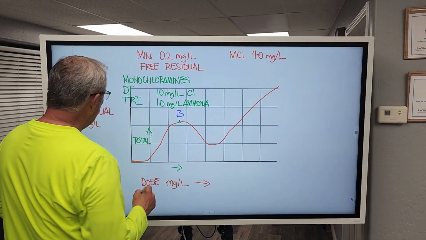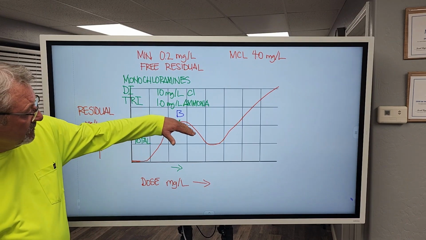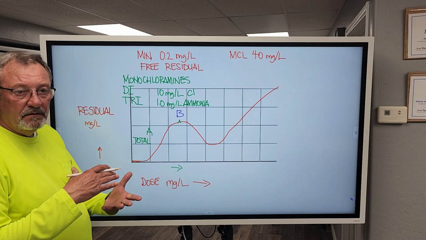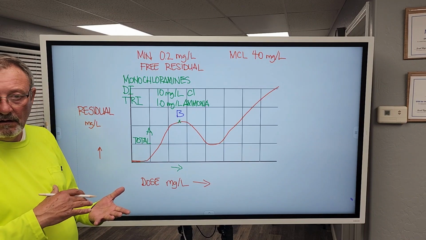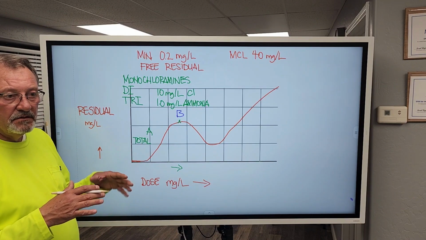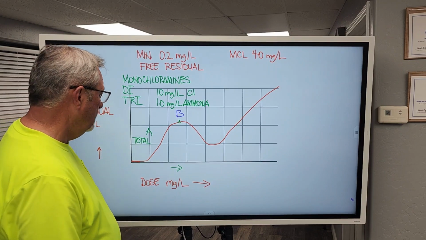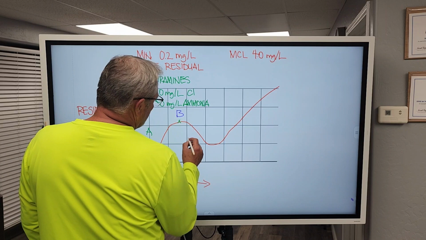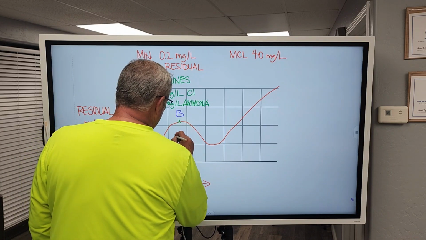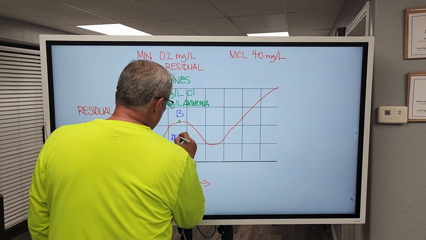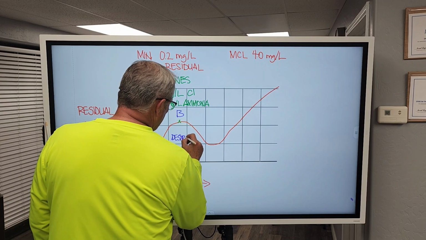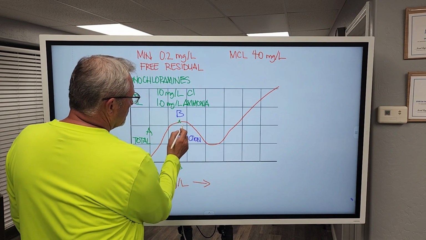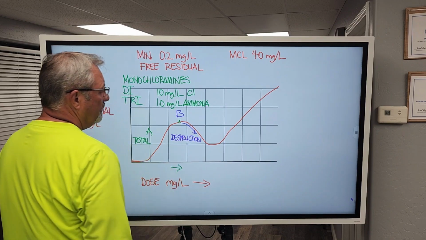And that's why the total residual starts to drop, because now the chlorine is destroying all of these chloramines. It's trying to destroy them all. So this is destruction of chloramines down that part of the curve.